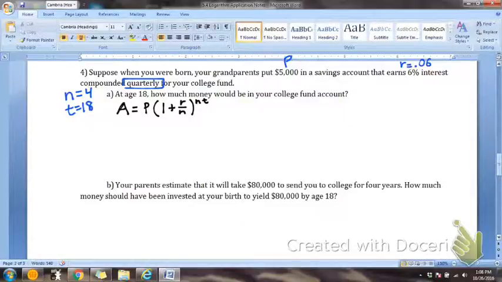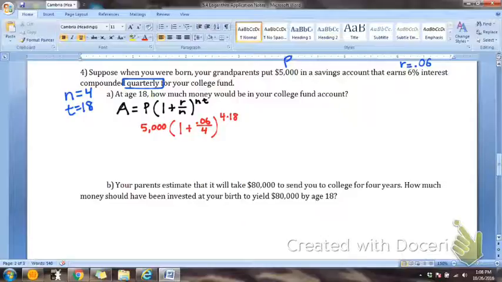Okay, so let's go ahead and plug in what we know into our formula. That 1 is always there. So we have it set up: 5,000 times (1 plus 0.06 divided by 4) raised to the 4 times 18.